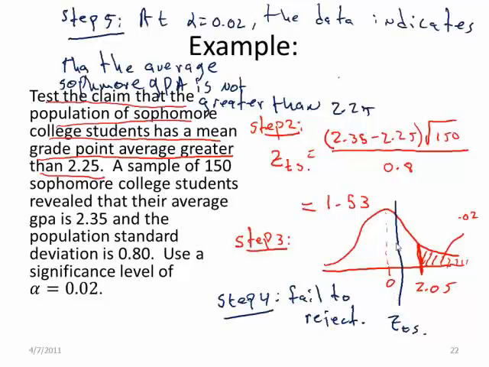Step number 4, based on where the test statistic falls, make a conclusion. So here we fail to reject. And then step number 5, formalize your results. At alpha equals 0.02, the data indicates that the average sophomore GPA is not greater than 2.25. Okay?